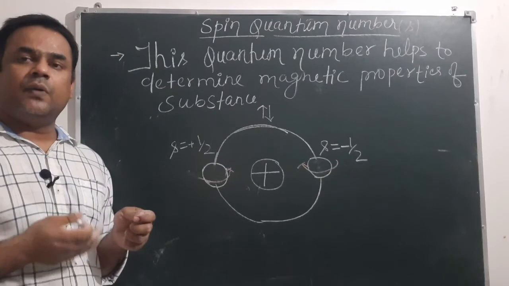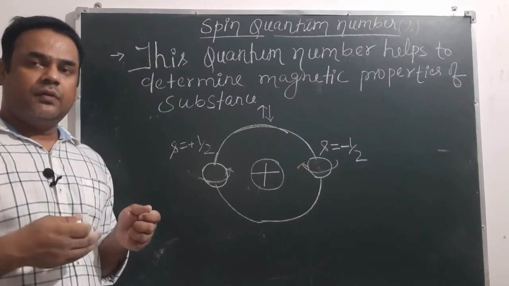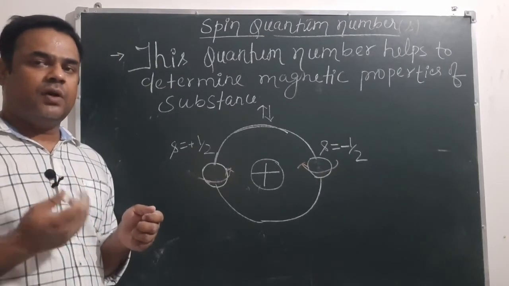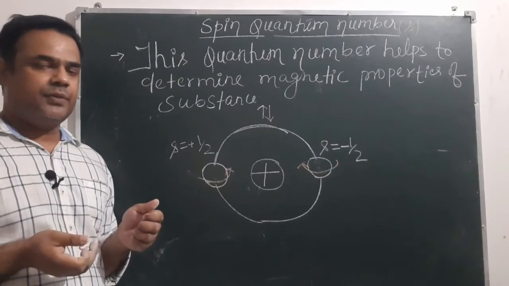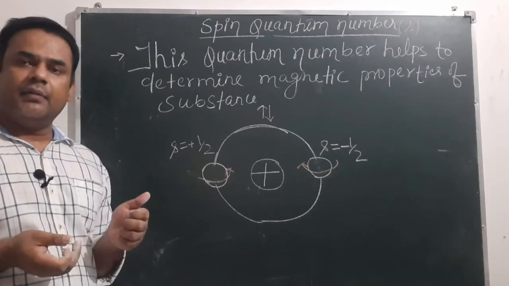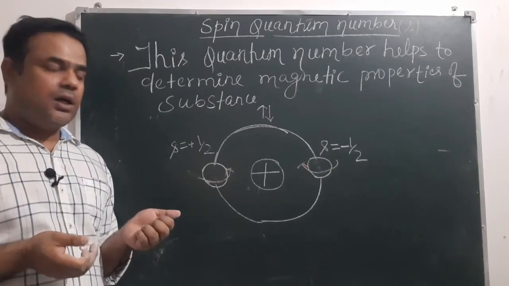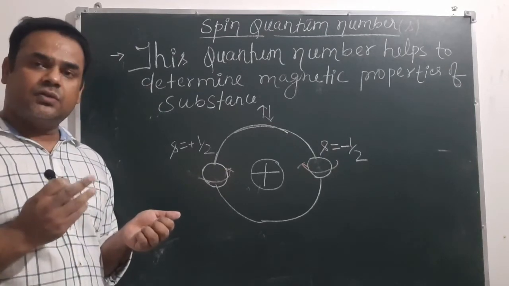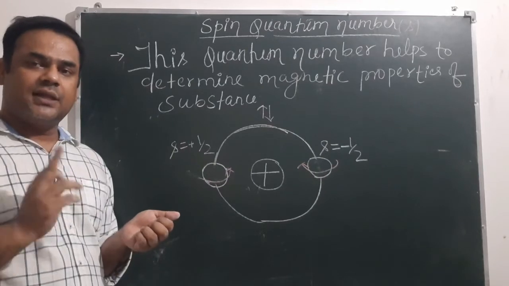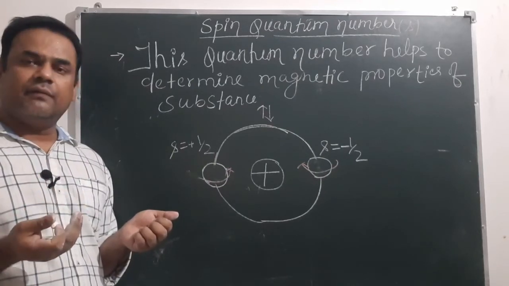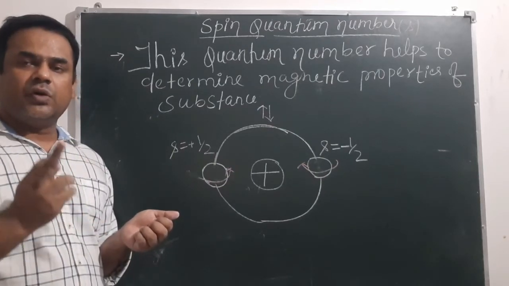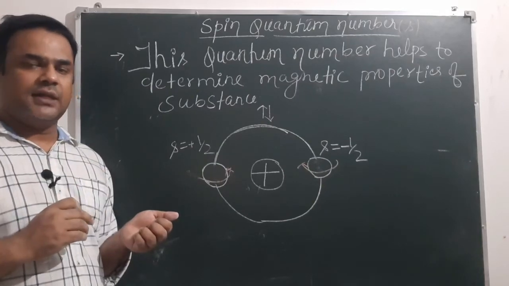So with the help of spin quantum number, we can determine magnetic behavior of a substance. There are two types of spin quantum number, plus half and minus half. Plus half is for the spin of the electron about its own axis in anti-clockwise direction, and minus half for its spin about its own axis in clockwise direction.